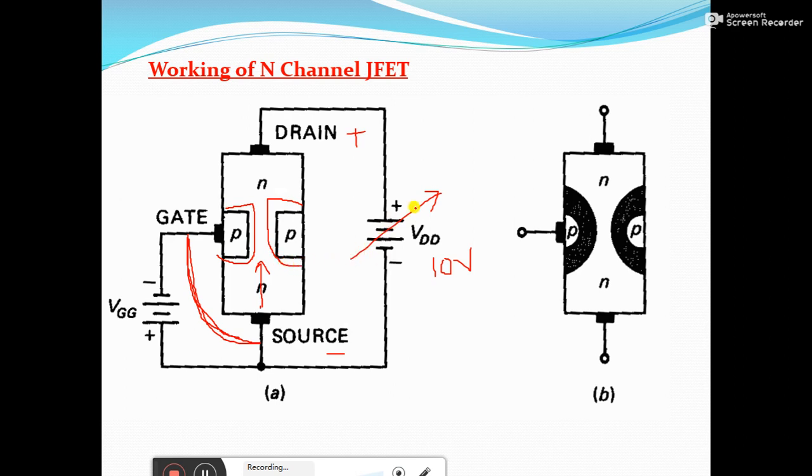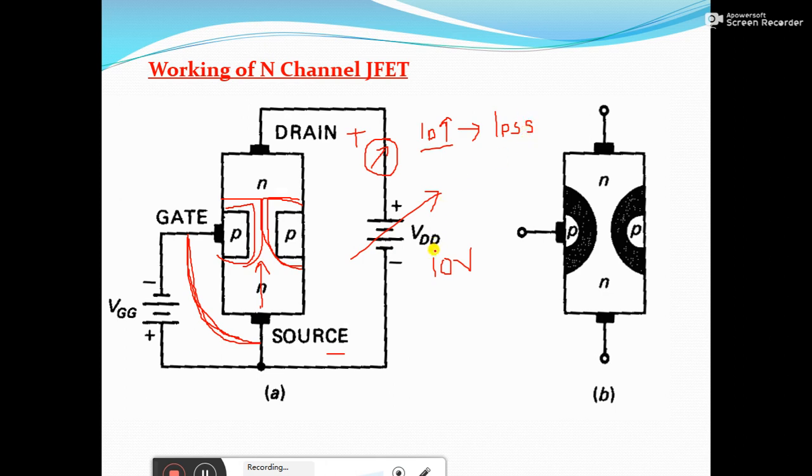As we go on increasing the VDD value, at some point these two depletion regions almost touch each other, they almost close off the channel, and it won't allow any further movement of electrons from source to drain. Or simply, if there is a milliammeter connected, as soon as VDS is applied, ID will start increasing. At some VDS value, ID achieves the saturation value, or it becomes IDSS, the maximum value.